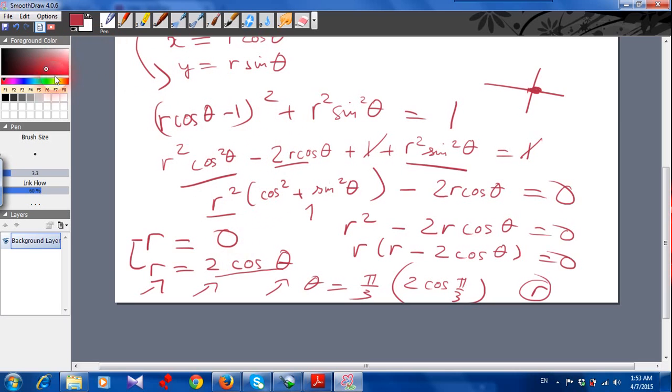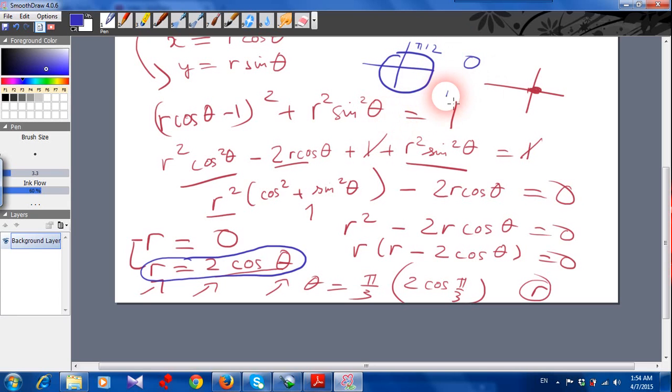And we choose this one. Because why? With θ equal to π/2, for example, cos of π/2 is 0, and r will be 0.